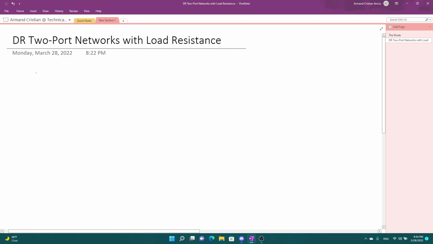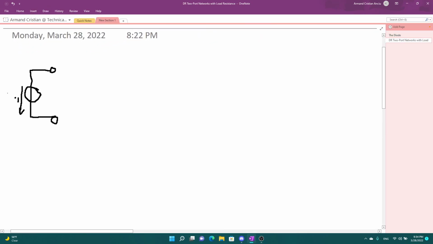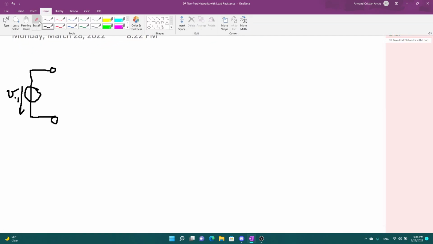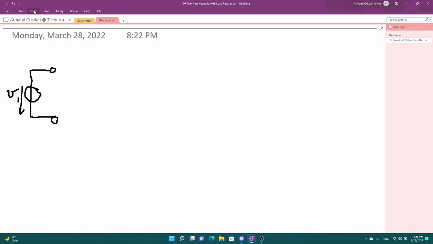If you remember from the last course, our DR two-port network looked something like this. So we had the input VI, let me draw this a little bit better for you to see. The input VI is connected to our DR circuit, composed of a diode and a resistor.